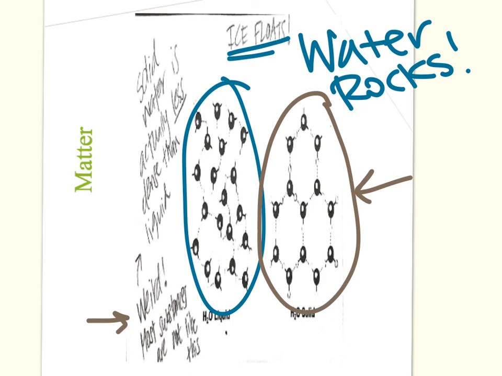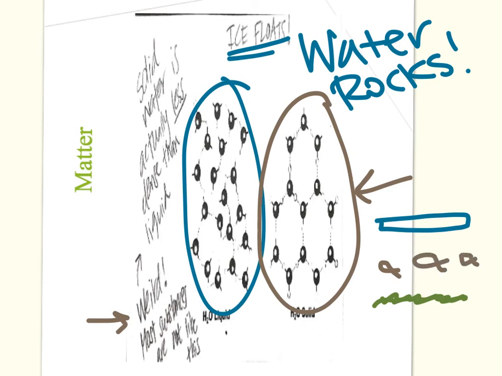So it's super important that ice floats, because if ice floats, then the ice will be up on top, and the plants can still grow underneath, and we could still have our fish and other animals living underneath the ice, and it'll allow life to go on.